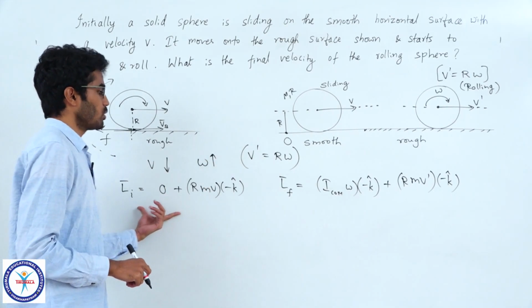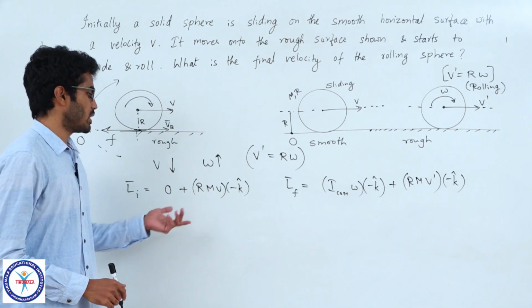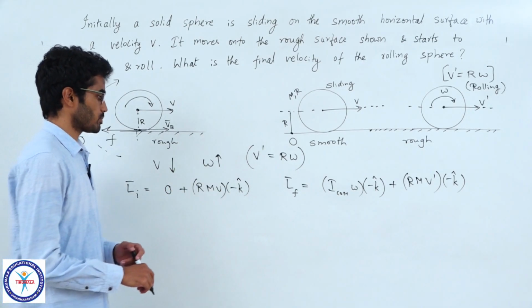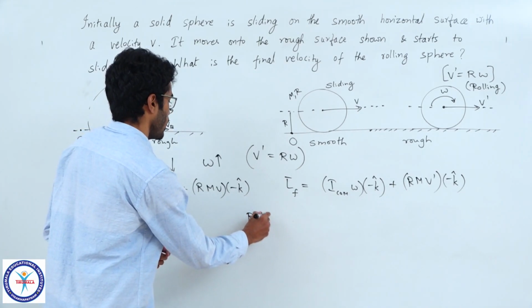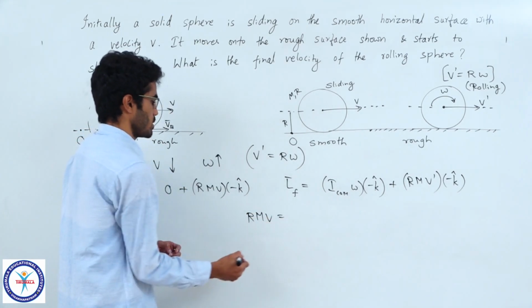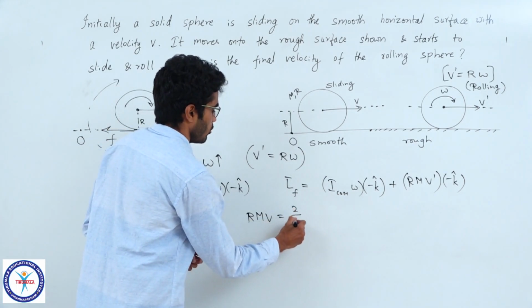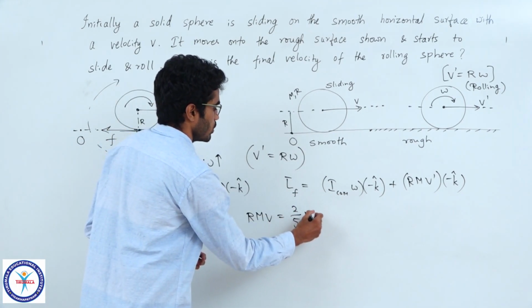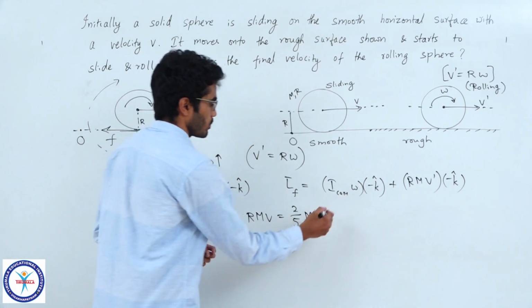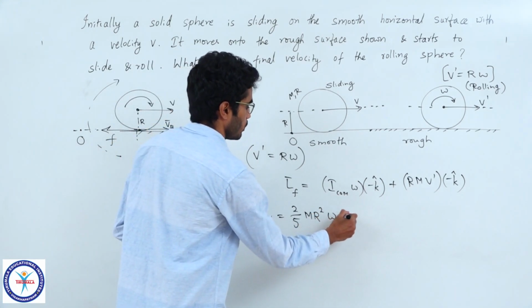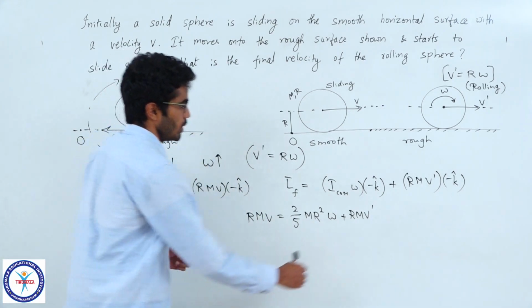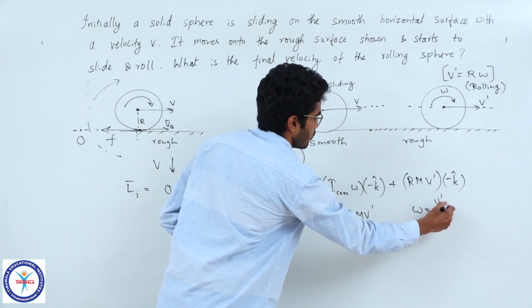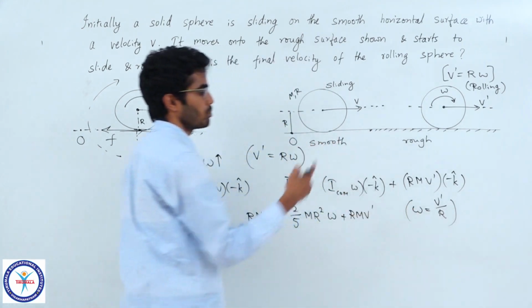We know that the angular momentum is conserved. So, let us equate the angular momentum now. So, r m v equals, for solid sphere, 2 by 5 m r square omega plus r m v dash. But we know that omega is v dash by r because it is performing pure rolling.